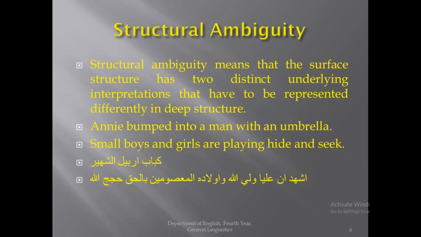We can easily interpret them logically, but structurally there is a kind of ambiguity here. This is what is meant by structural ambiguity. So simply speaking, structural ambiguity means a surface structure which can be interpreted in one or more than one way. That's it.